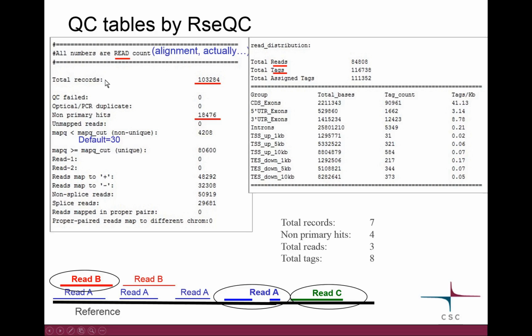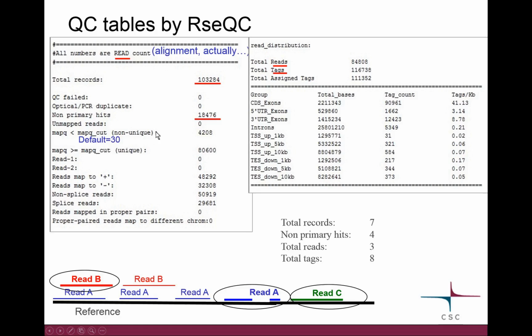Then you have a bunch of numbers there. You have the total records, and then some numbers that are for quality failed reads or possible duplicates. Then you have the non-primary hits, unmapped reads, and then those reads that are below a certain quality cutoff, and the default for that is 30.